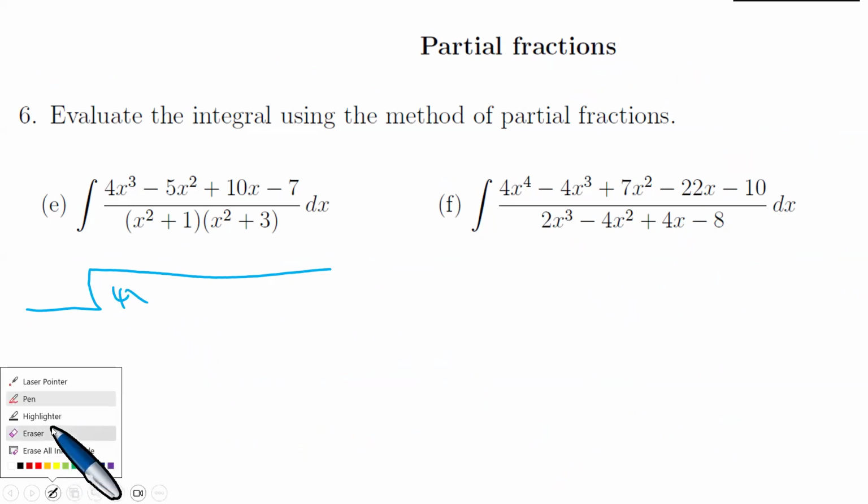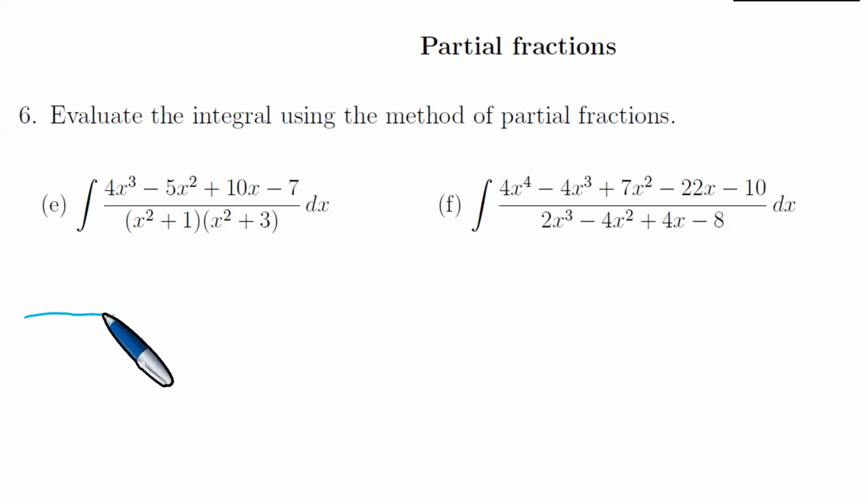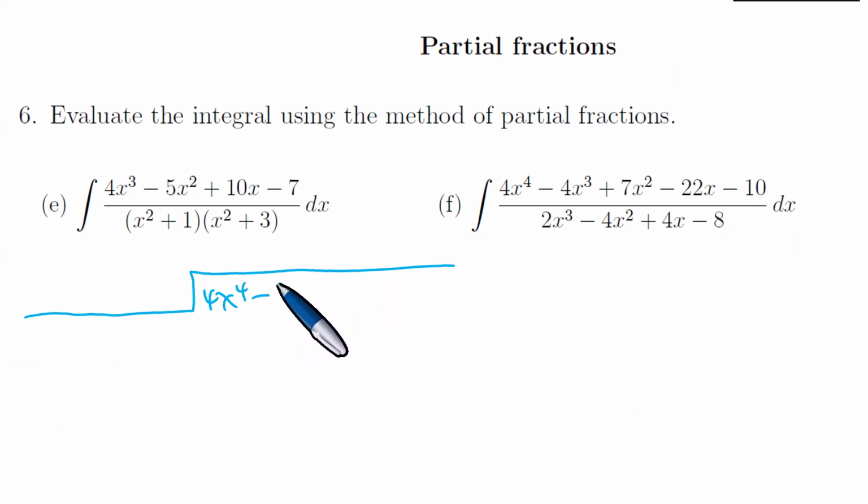Okay, so let us manipulate this. So you have 4x to the 4th, x cubed, minus 22x minus 10.